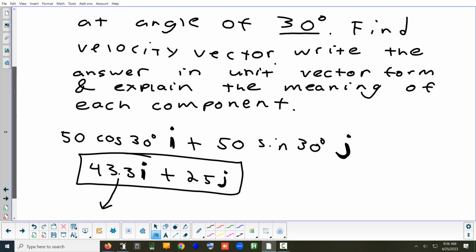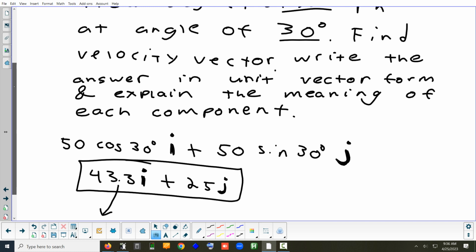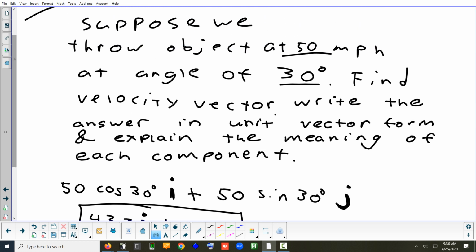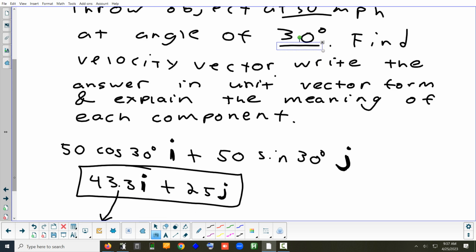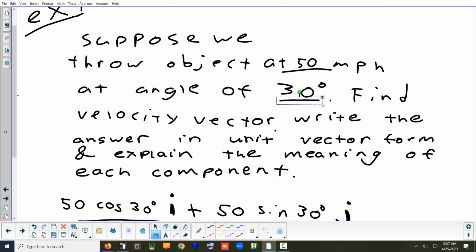Yes, it's 50 miles an hour, but that's not how fast it's moving horizontally. If you were standing in front of this object and somebody threw it at you 50 miles an hour at an angle of 30 degrees, and you pointed a radar gun at the ball coming at you, it would say that the ball is coming at you at 43.3 miles per hour. Because not all the energy went into throwing the ball at you.